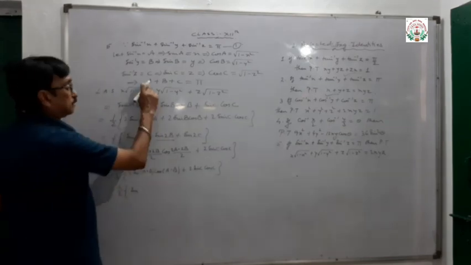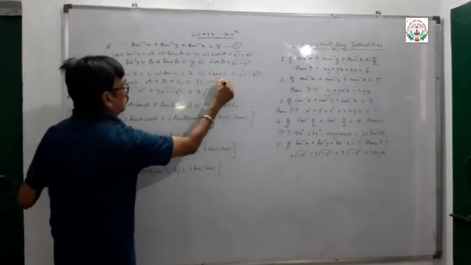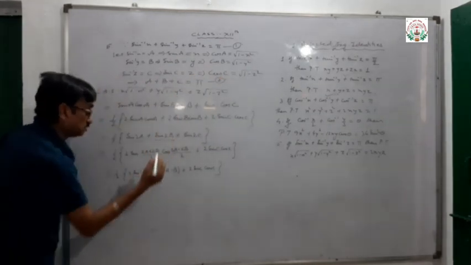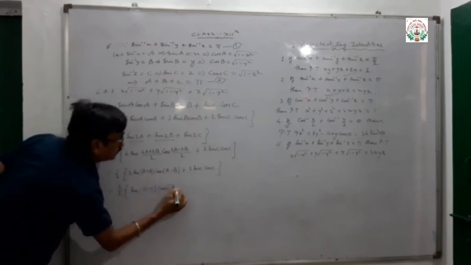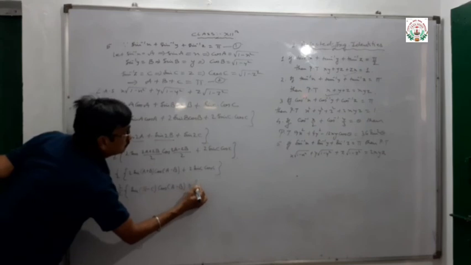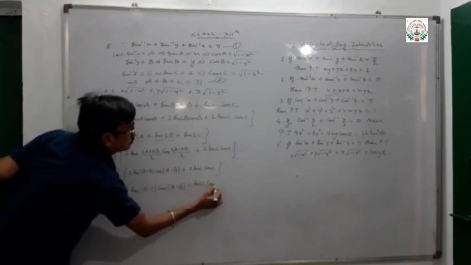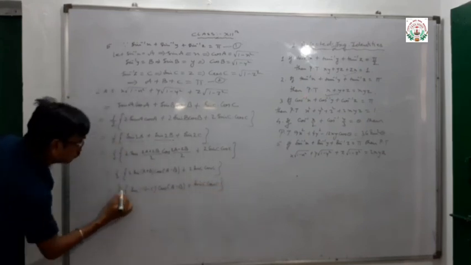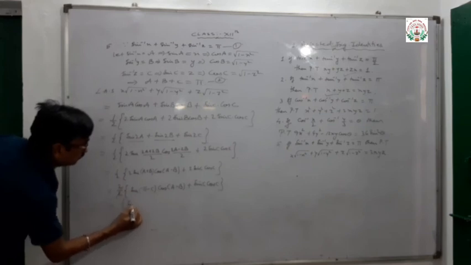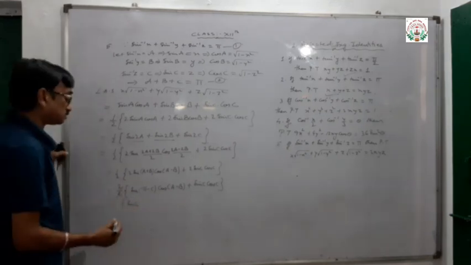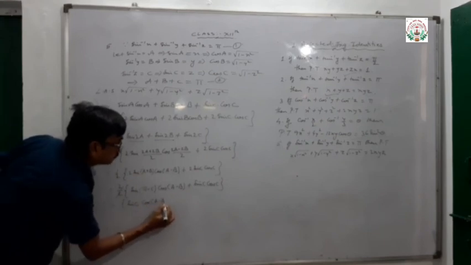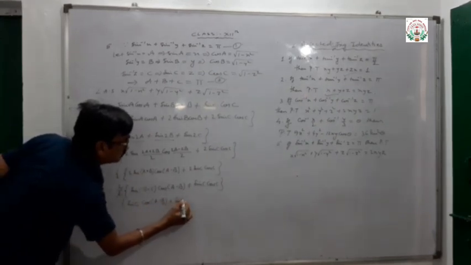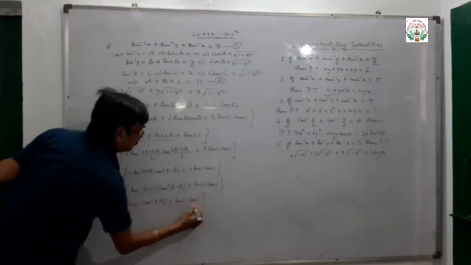A plus B can be converted from this equation number 2 as pi minus C. So it becomes sin (pi minus C) cos (A minus B) plus sin C cos C. And next the 2 cancel out. Sin 180 minus theta is sin theta, so sin C cos (A minus B) plus sin C cos C.